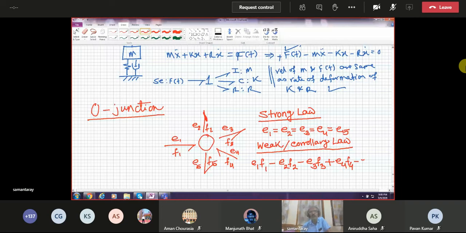We use the already known information, efforts are same, cancel those efforts, and we get a relation of flows: F1 minus F2 minus F3 plus F4 minus F5 equal to 0.